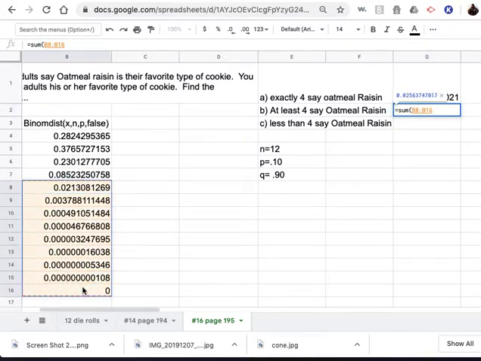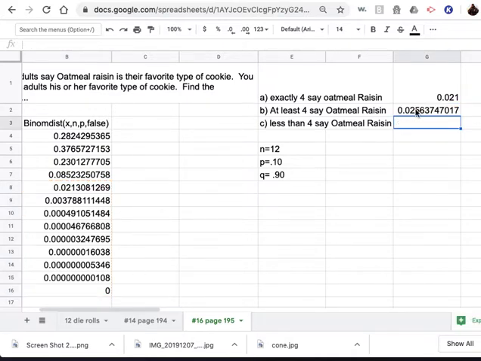Highlight what we want, close our parenthesis and hit enter. We've got our sum there. That doesn't seem correct to me. Well, maybe it does. These are actually very small probabilities down here, which makes sense. Only 10% of people choose oatmeal raisin, so you have very, very small probabilities above 3, 4, 5, etc.